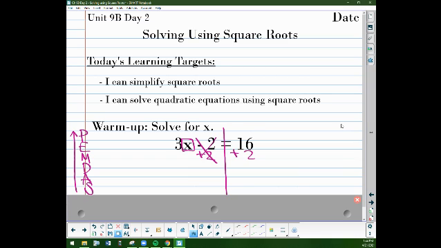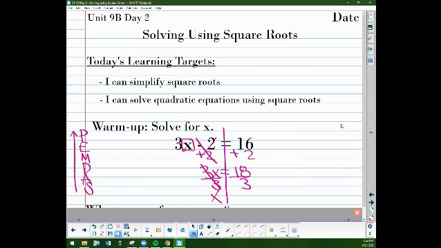Now on the left I've got 3x, and on the right, 16 plus 2 gives me 18. Now I like to see if there's anything that I can multiply or divide. Well, 3 is being multiplied by x, so I want to divide by 3 to cancel those out. And then I get x equals 6.